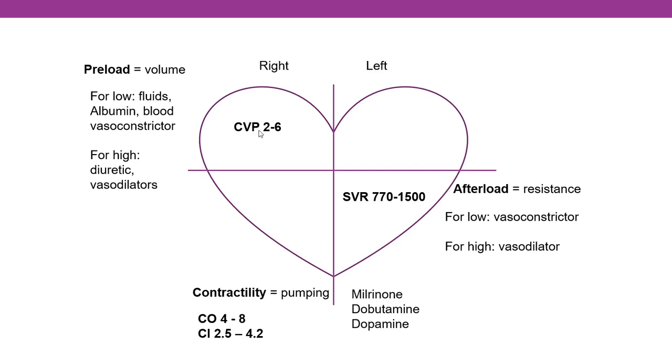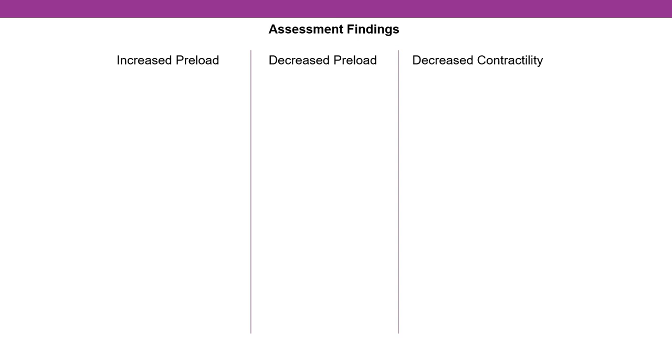So, what measures it? What's the value? What does it mean? What do I do if it's too low or too high? What are these medications? What does my patient look like? How would I expect them to look after I've treated them? So, here's the next slide.